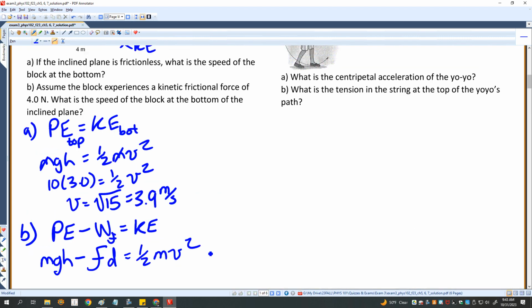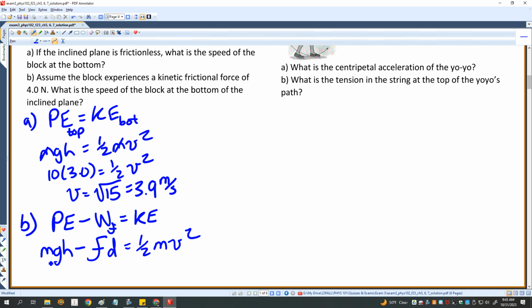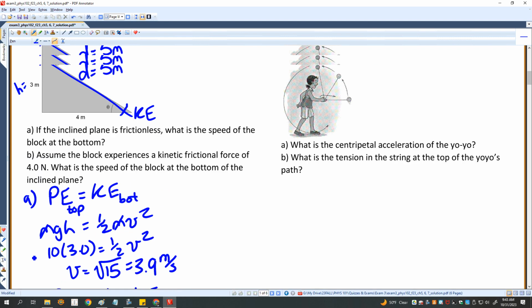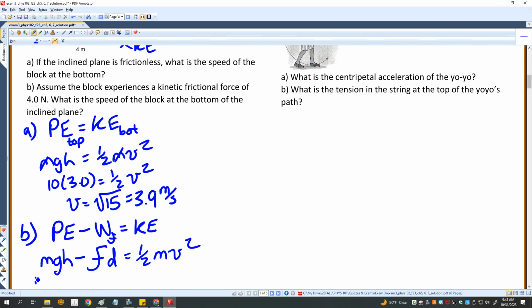Sorry. So I think I have m right. Yeah, 10 kilograms times 10 meters per second squared times the height, that was 3 meters, minus the frictional force, which is 4 newtons, times the distance, which is 5 meters. I should have 2 sig figs in all these. That is equal to 1/2 of 10 times v squared, which is what I'm looking for.